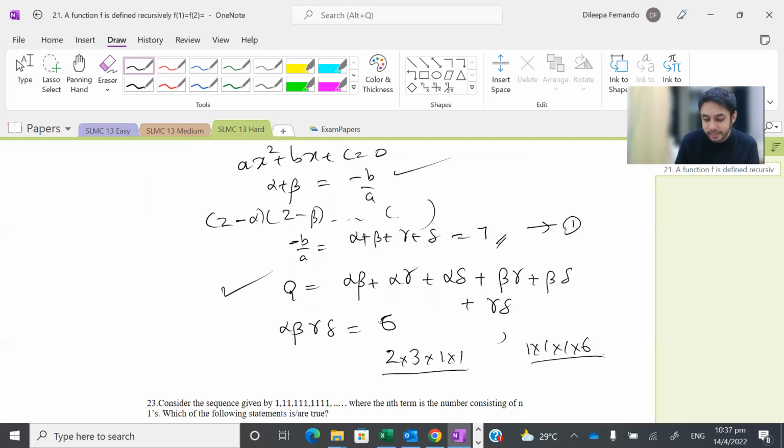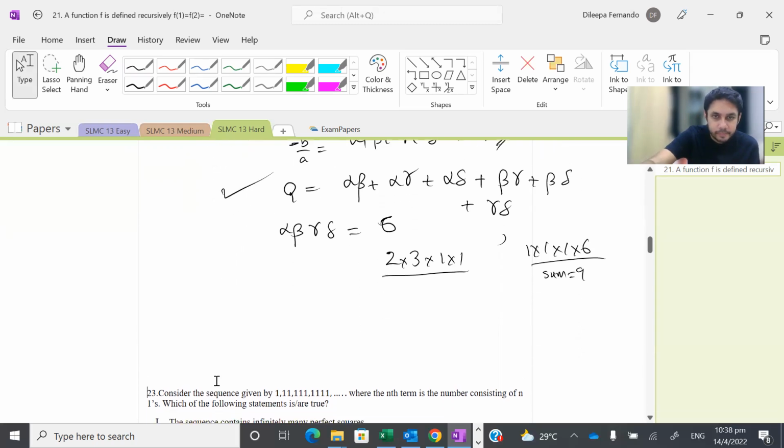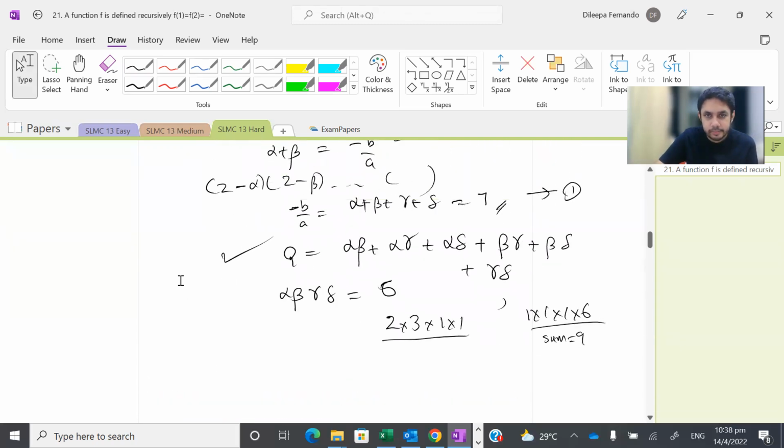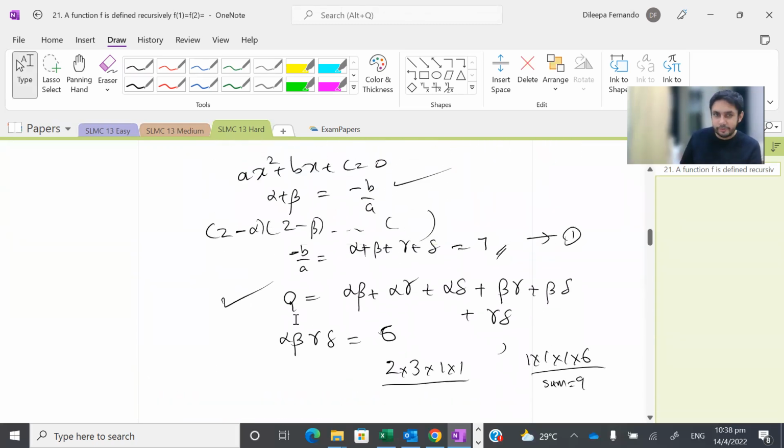Now, these are 2 different combinations, and you need to check what is the valid combination. In the valid combination, the summation of alpha, beta, gamma, delta should be equal to 7. And you can see in this case, the summation equals 9, which says that it's not the possible set of alpha, beta, gamma, delta.